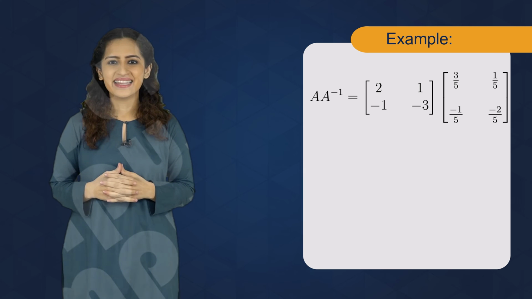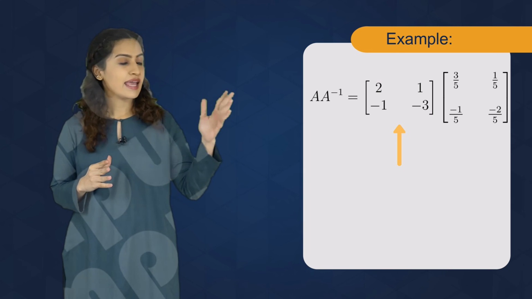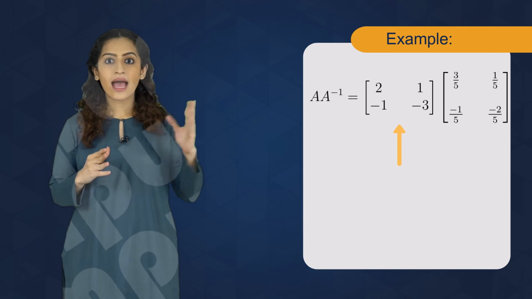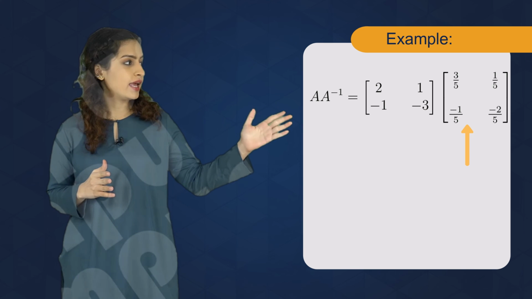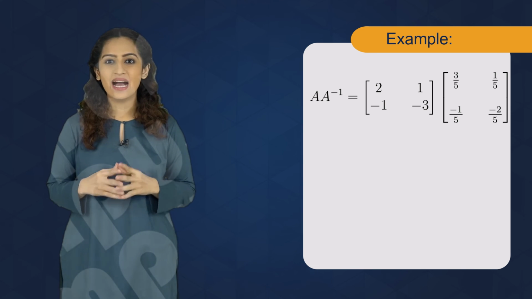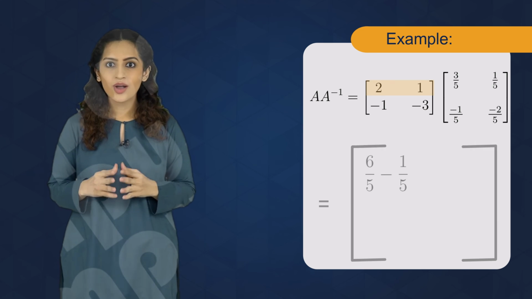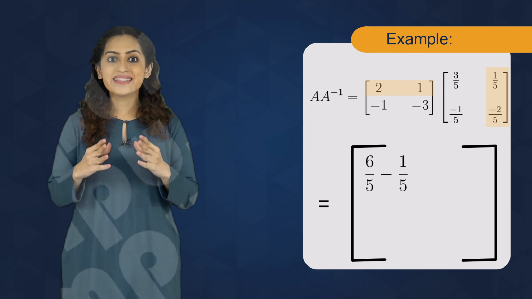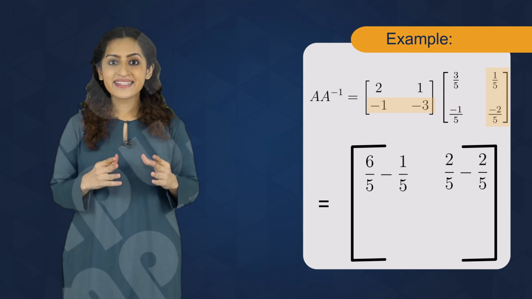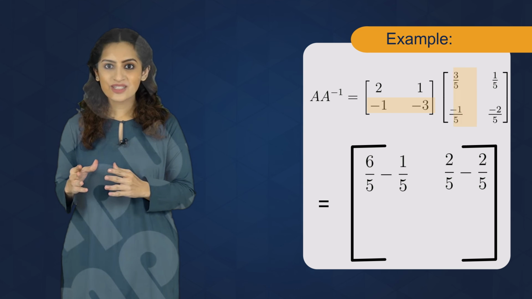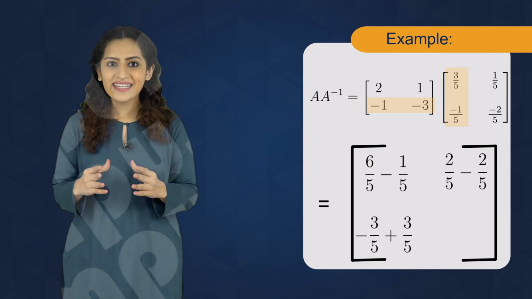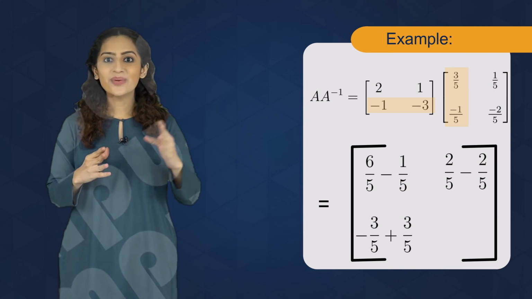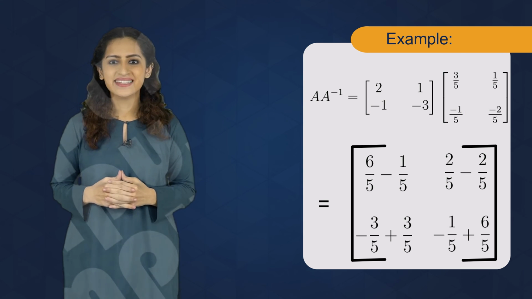Let's see. We have A over here and the inverse of A over here. Multiply first row with first column, first row with second column, second row with first column, and finally second row with second column.